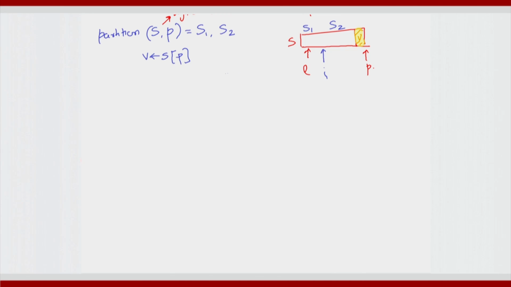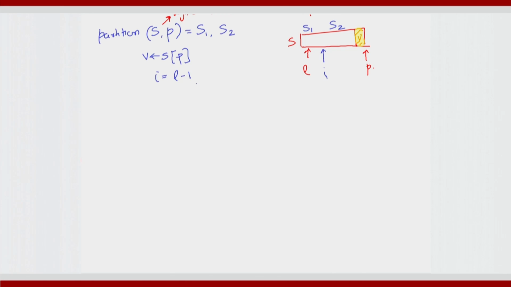Well, initially my I equals L minus 1, basically it is before the first element, it is basically the wall, because initially I have no clue of what S1 is, so everything is basically S2, which is also wrong. We do not want that to hold. So as we scan, we will correct S1 and S2.